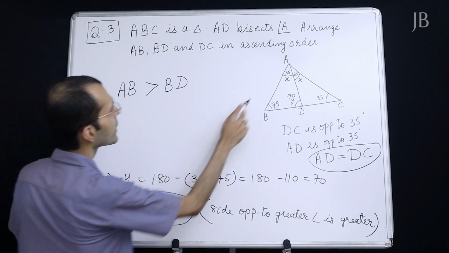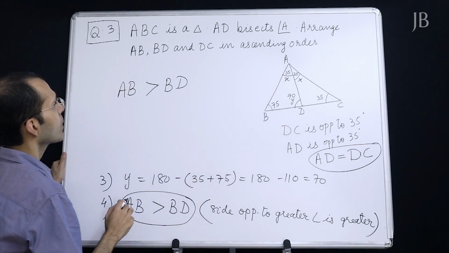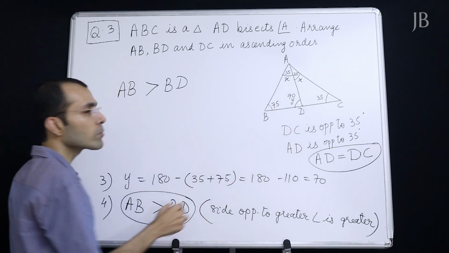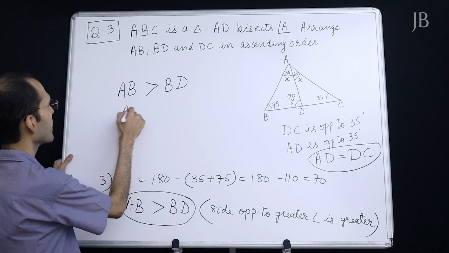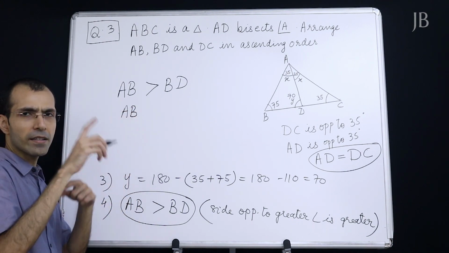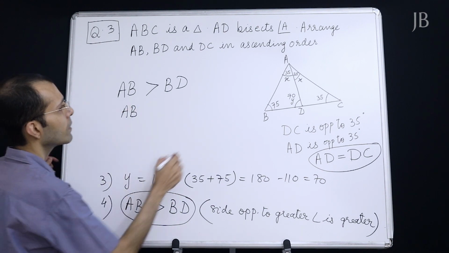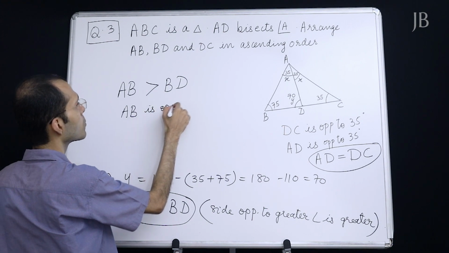Okay, now see, AB is greater than BD. What about AD? AD is opposite to 75 degrees. So here we'll write again for understanding. This you can either do it in the mind and just write down the answer. No need to write so many steps in the exam. AB is opposite to 70.